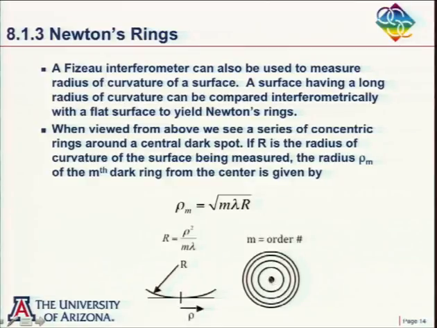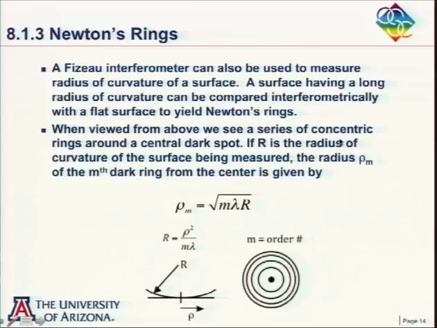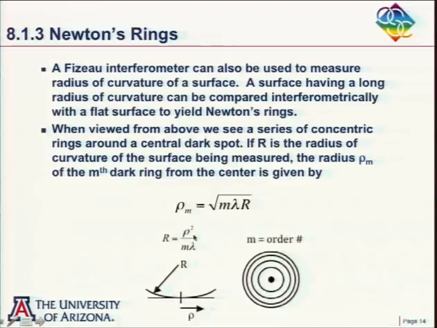So if I go out to the mth fringe from here, then we'd have rho squared over 2r is m lambda over 2. And so then you can simply solve that, r is rho squared over m lambda. So if we have circular fringes, we can determine what the radius of curvature is.